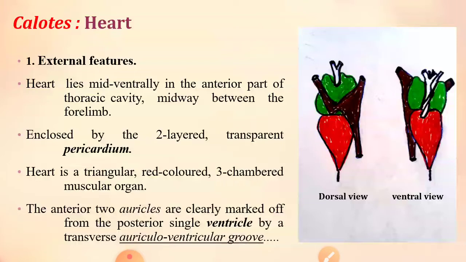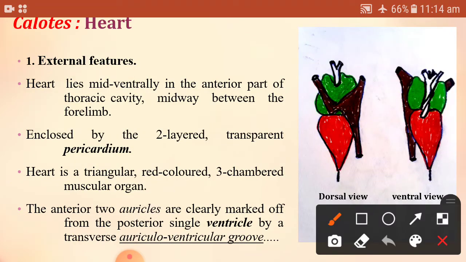First, the external features of the heart of Calotes. This heart lies mid-ventrally in the anterior part of the thoracic cavity. So where is this heart situated in the body of Calotes?